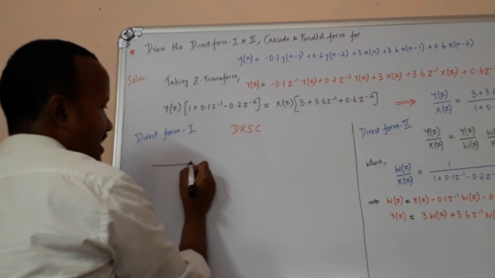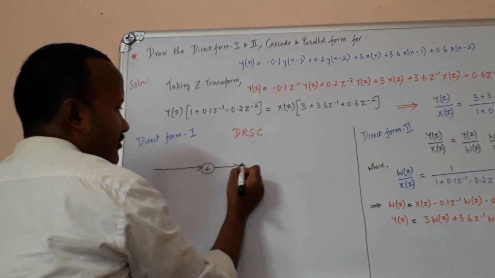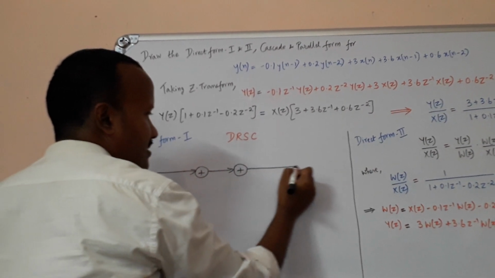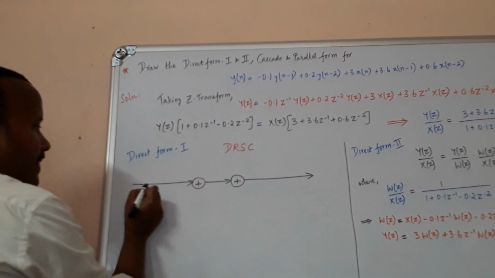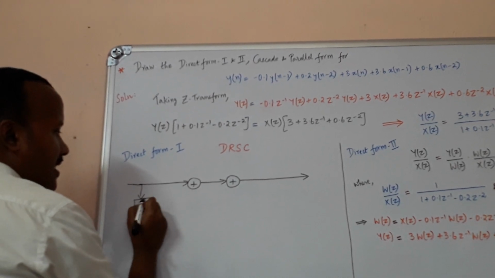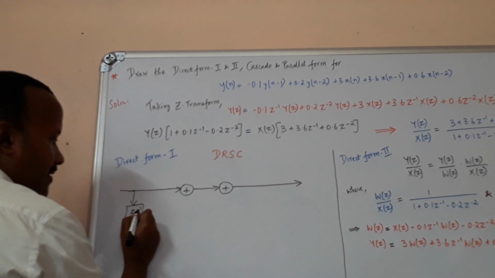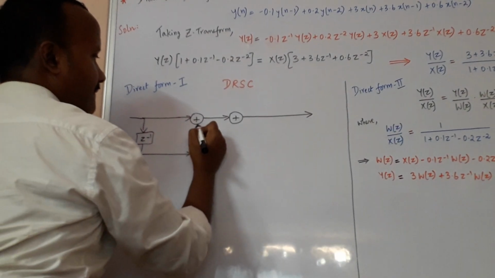First you draw the adder. Here for direct form 1, the adder will be close to each other, the two adders. This is the first step. Clear? Then, since we have both same degree, delay, and this is adder.